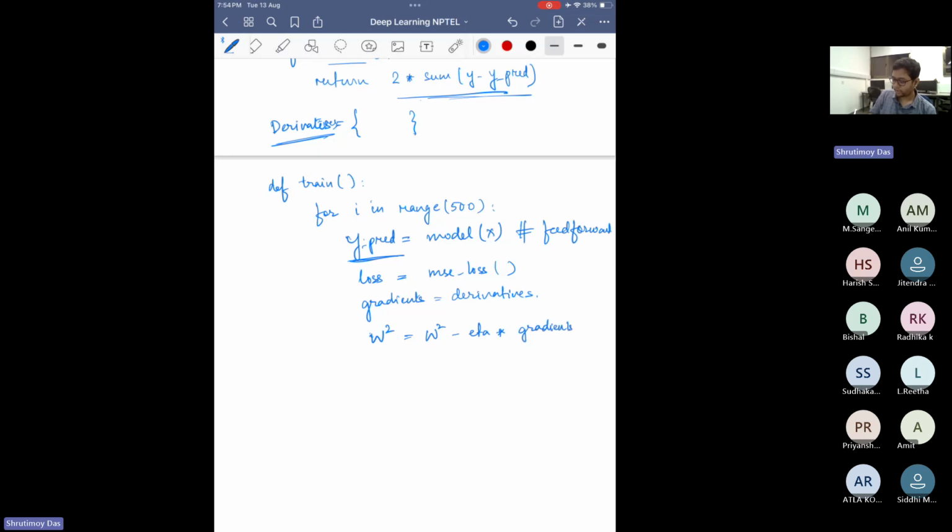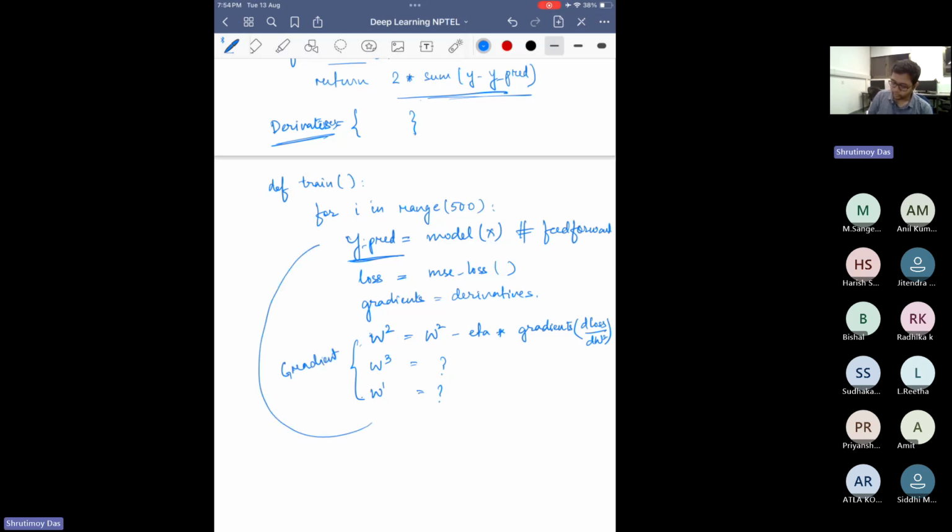Suppose you have a function for d loss by dW2, so we call this function to get this. Similarly, you do this for the others. So you will update your W's in this step. This is the gradient descent update step.